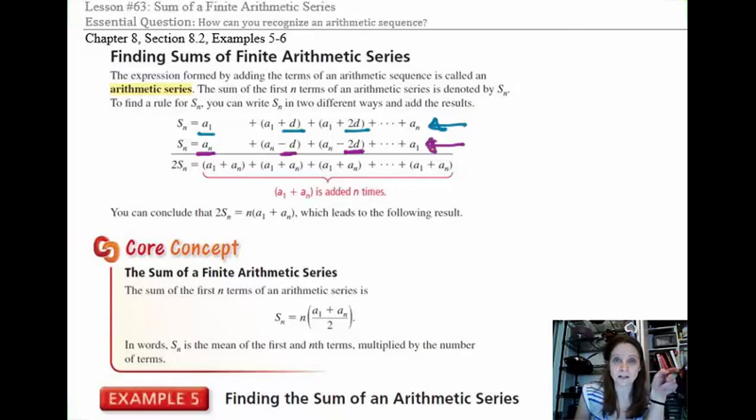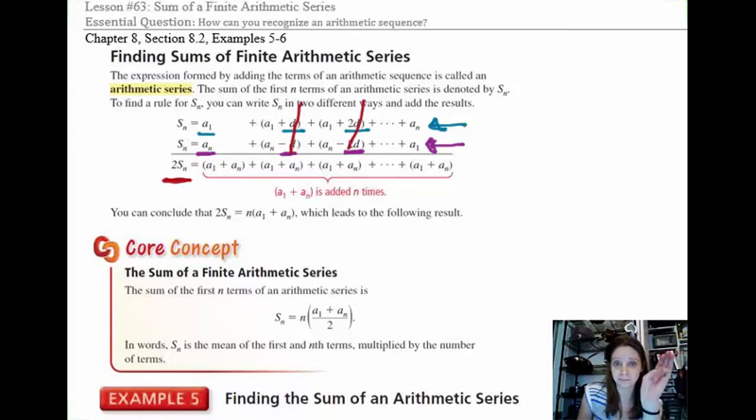In writing it these two ways, now we can add these equations together, and you will get two sums of the series equals the first term plus the last term, plus, and you'll see that these d's cancel out, the first term plus the last term. And these two d's cancel out, the first term plus the last term.